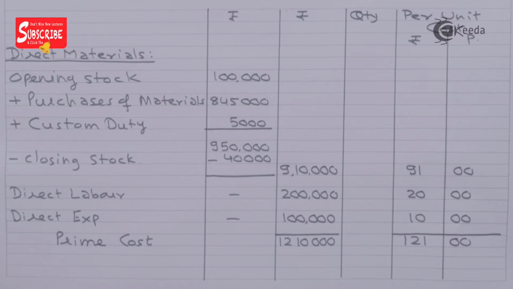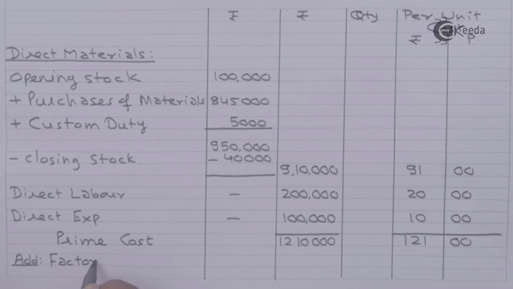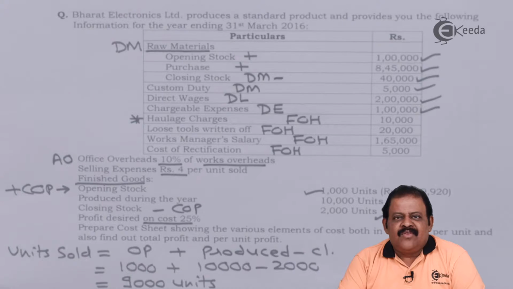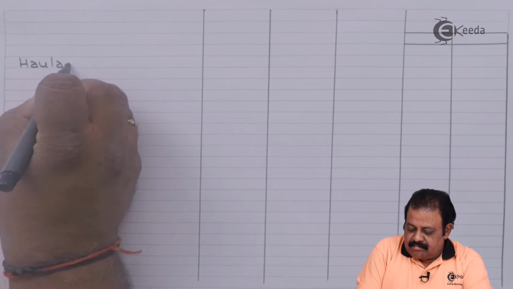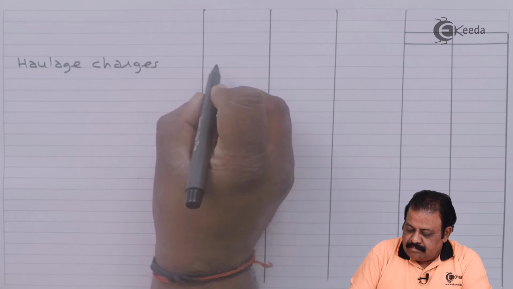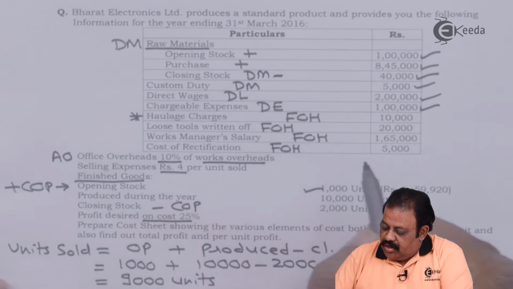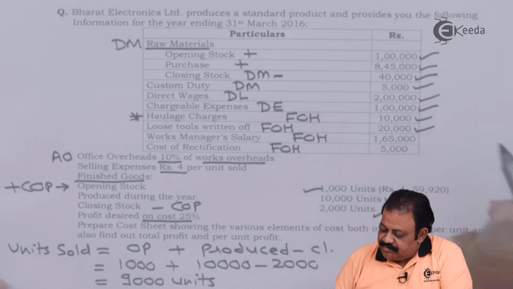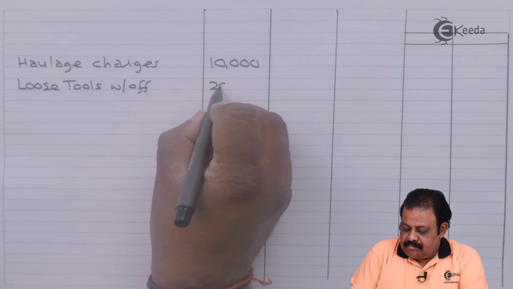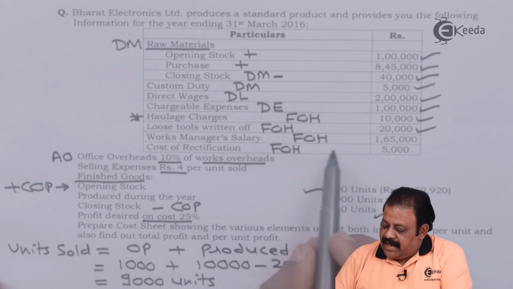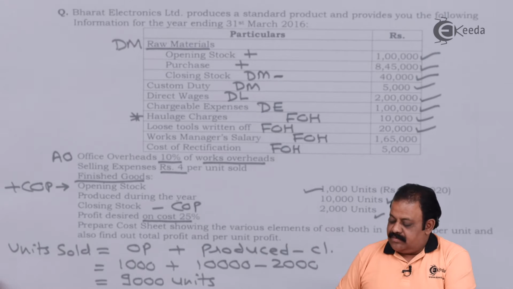To the amount of prime cost, we are required to add factory overheads. In factory overheads, we have haulage charges rupees 10,000. Loose tools written off rupees 20,000. Works manager salary rupees 1,65,000.